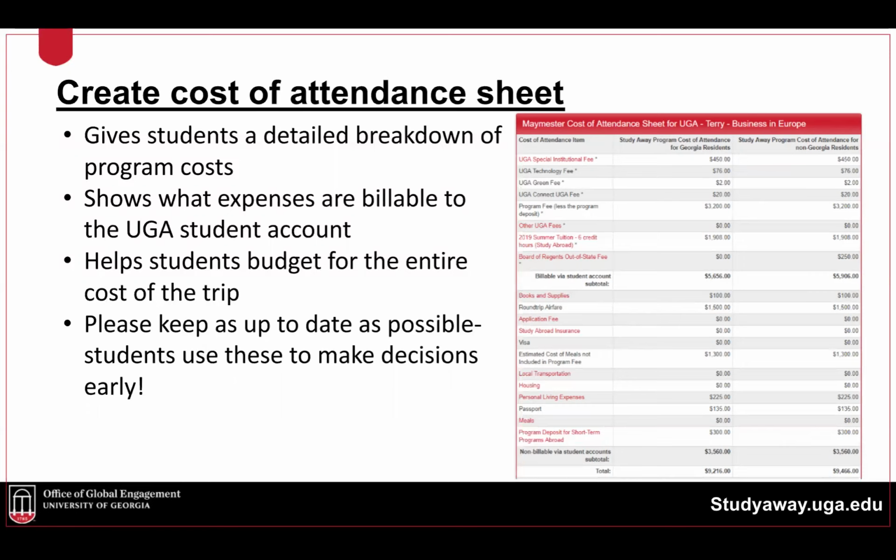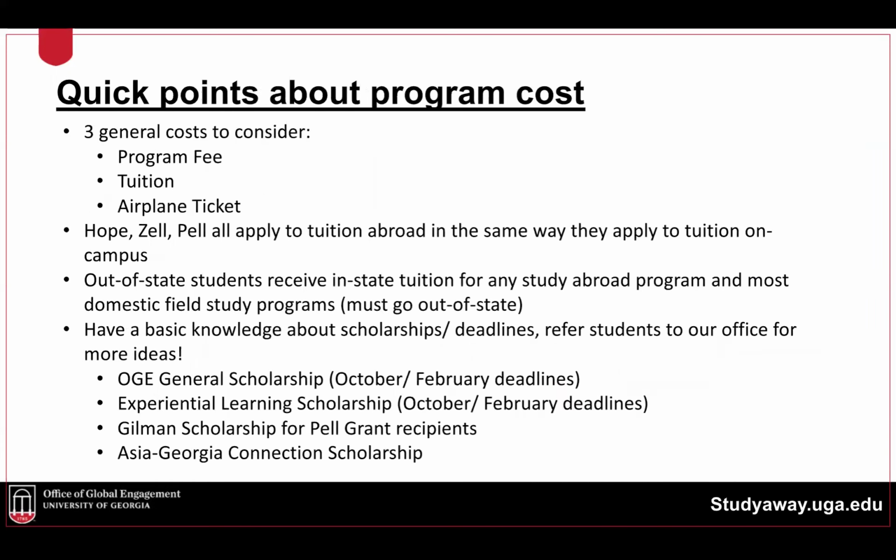Or if there's something else that falls outside of what represents a pretty typical program, if something doesn't align with your particular program, please make a note of that so that students are aware of it.